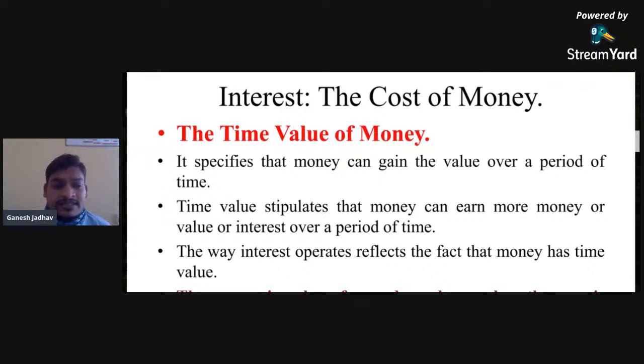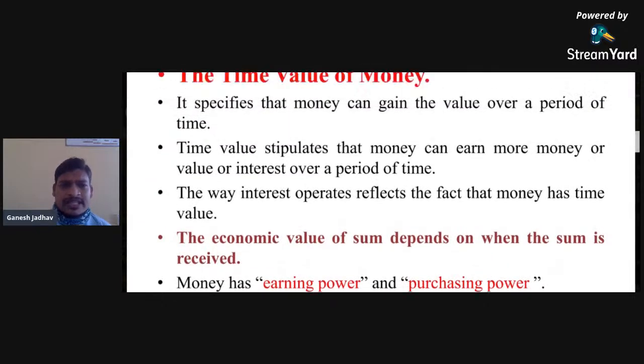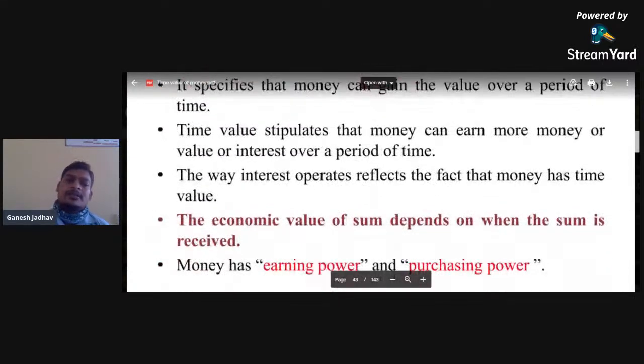So this is the way interest operates, reflecting the fact that money has a time value.